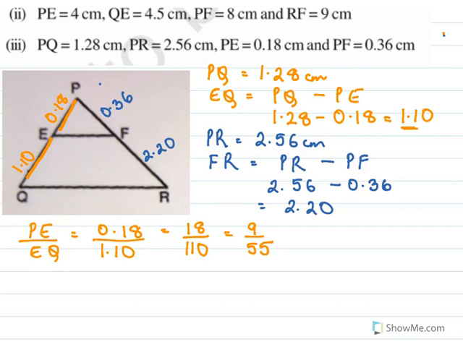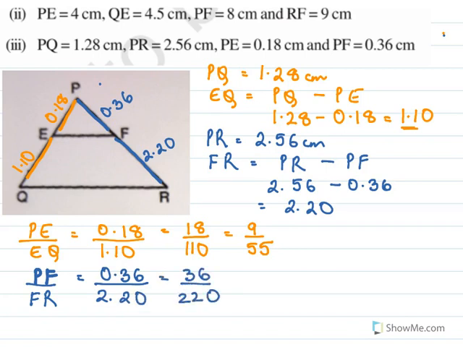On the other side, we need to find ratio of PF over FR. So we have PF over FR. PF is 0.36 over 2.20, which is 36 over 220. And this also, when you reduce, you get 9 over 55.